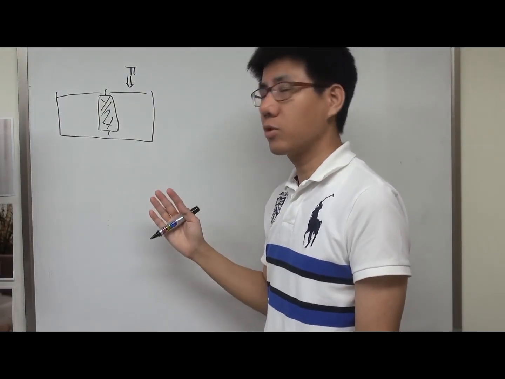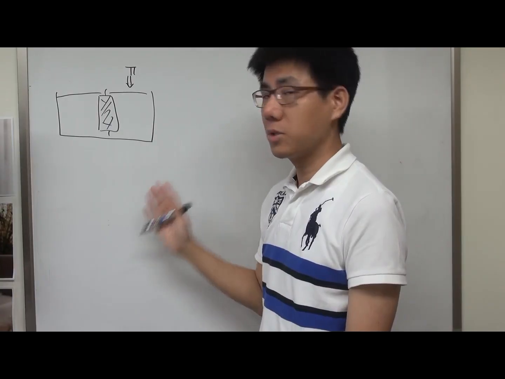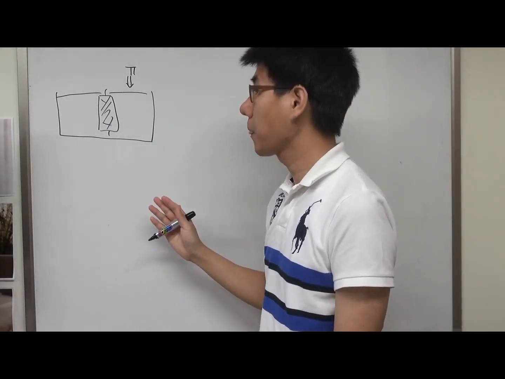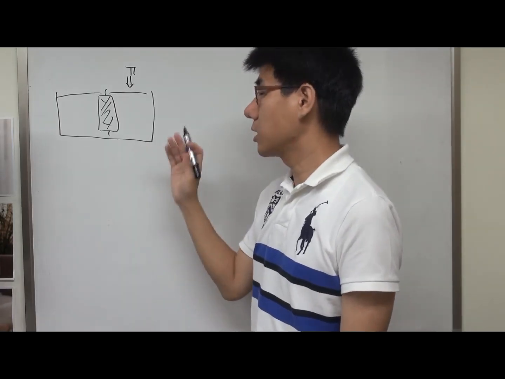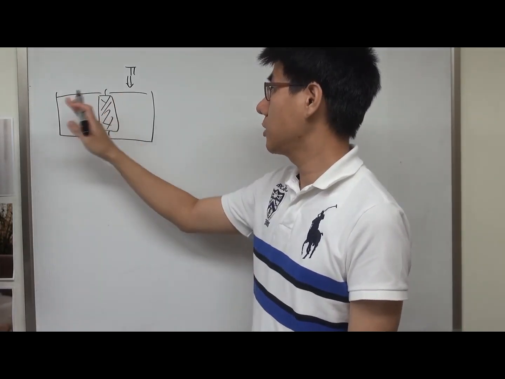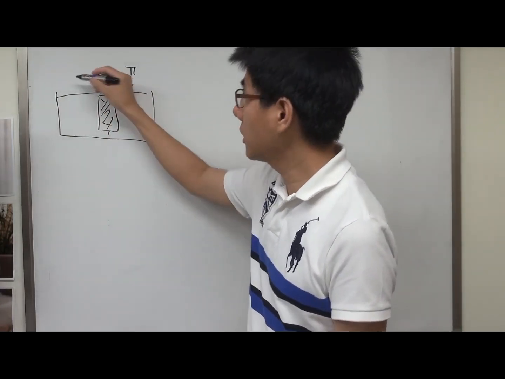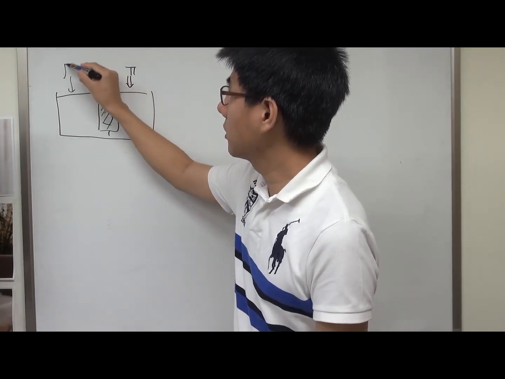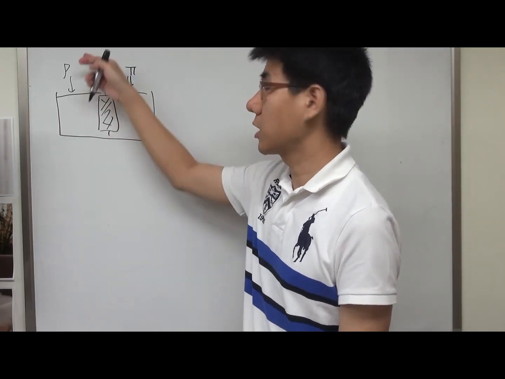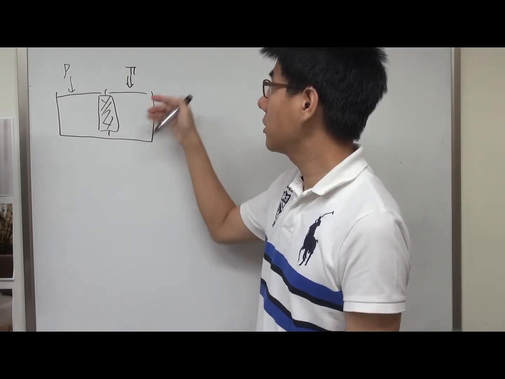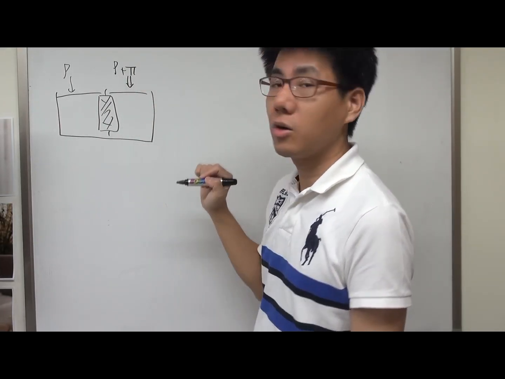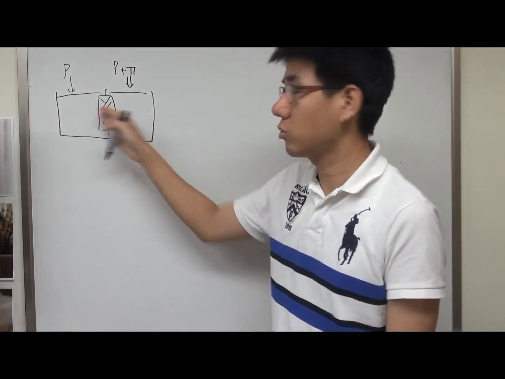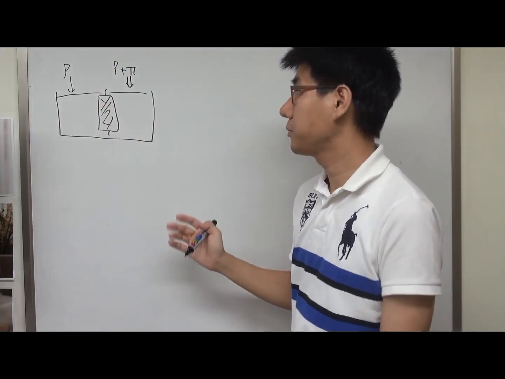And at equilibrium, chemical potential should be the same. And the pressure exerted on each of these solutions would be: for the left, there will be some pressure from the atmosphere, P. Here, the pressure will be atmospheric pressure plus osmotic pressure to keep this solution in equilibrium, right?